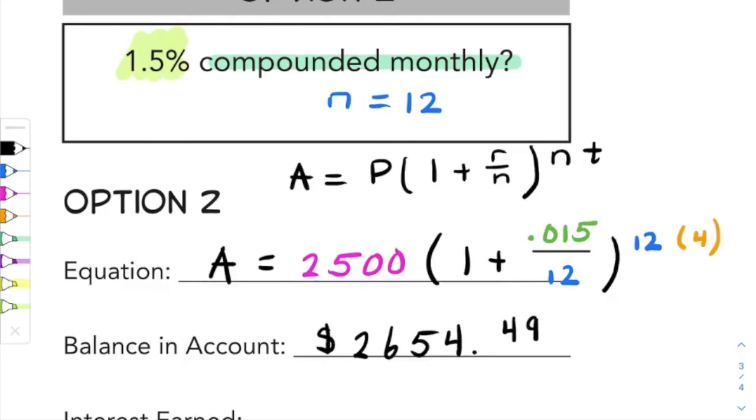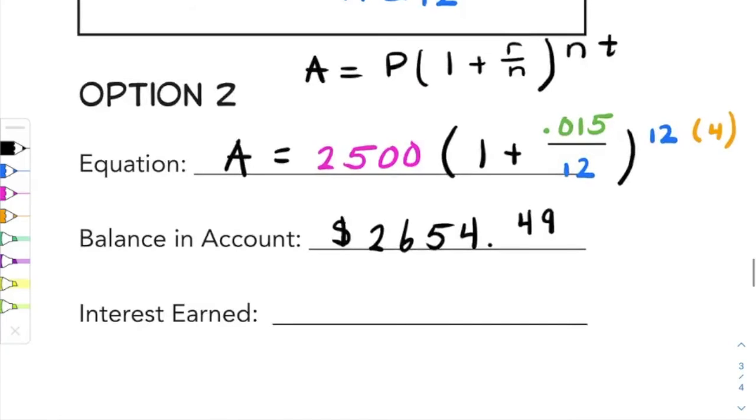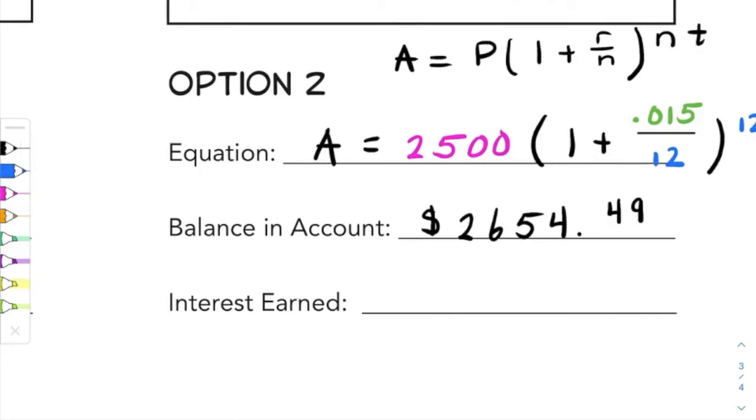That would be your starting amount of $2,500 plus all the interest you earned. So this part is what I want to just make a note of so you're prepared for that. What is the interest earned? So what is the difference?